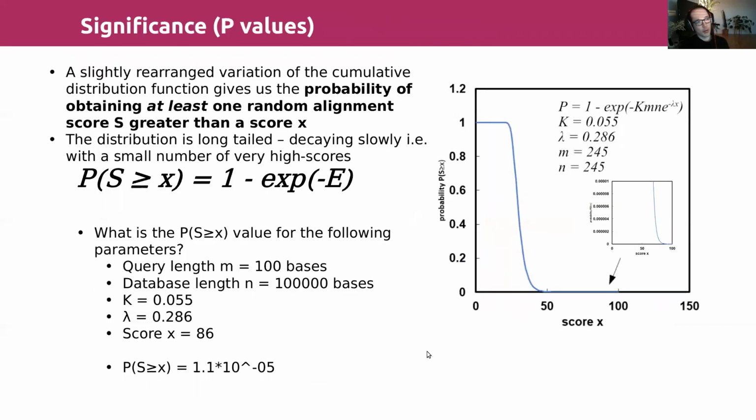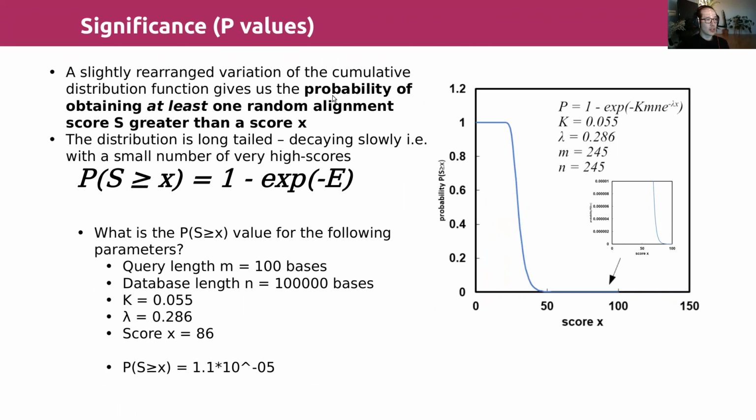And then a slightly rearranged version of the cumulative probability distribution gives us something called the p-value. This is similar but not exactly the same as the e-value.